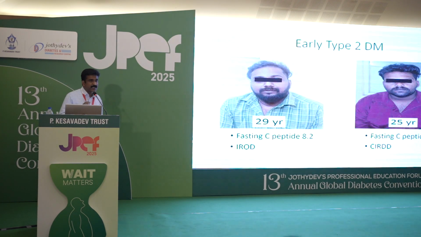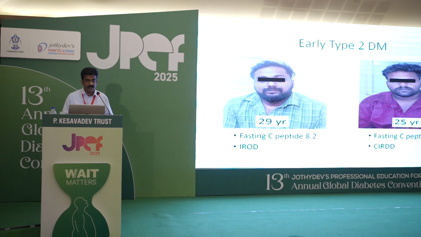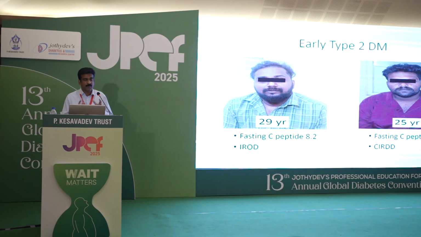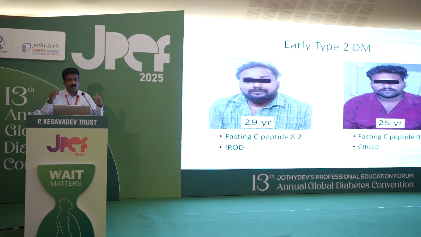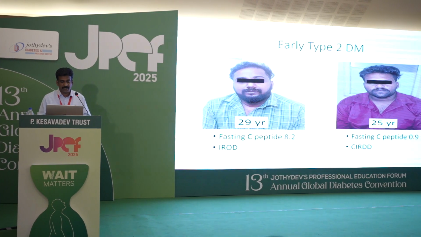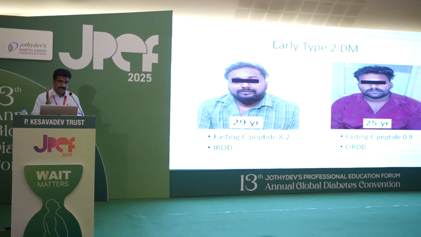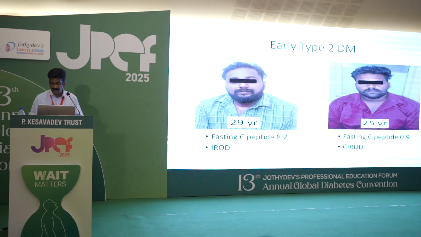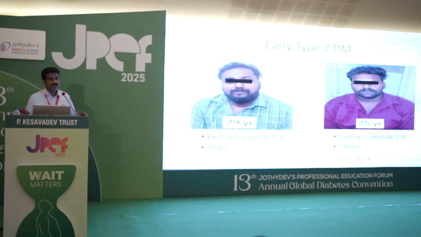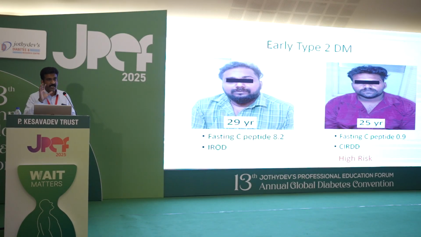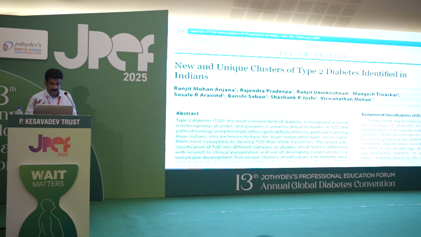So we have two patients with early onset diabetes, both in their mid-20s. One has a very high fasting serum C-peptide, one has a very low one. The second one is a combined insulin resistance and deficiency diabetes, and according to the data, we can clearly say this patient has a very high risk of complications later on.